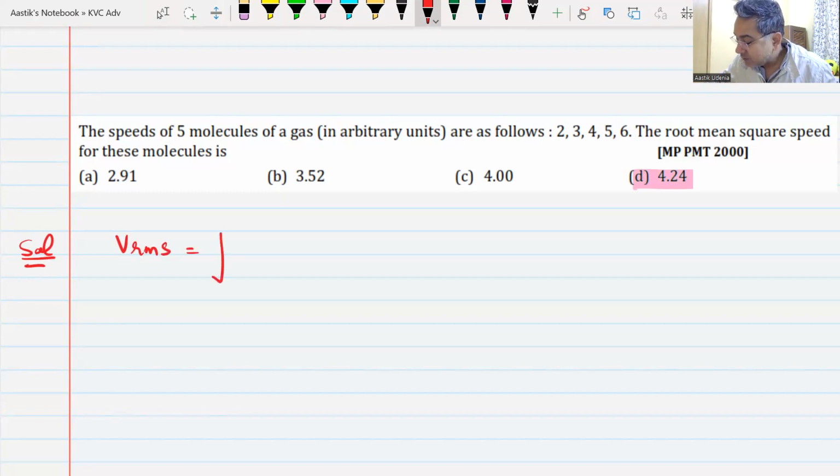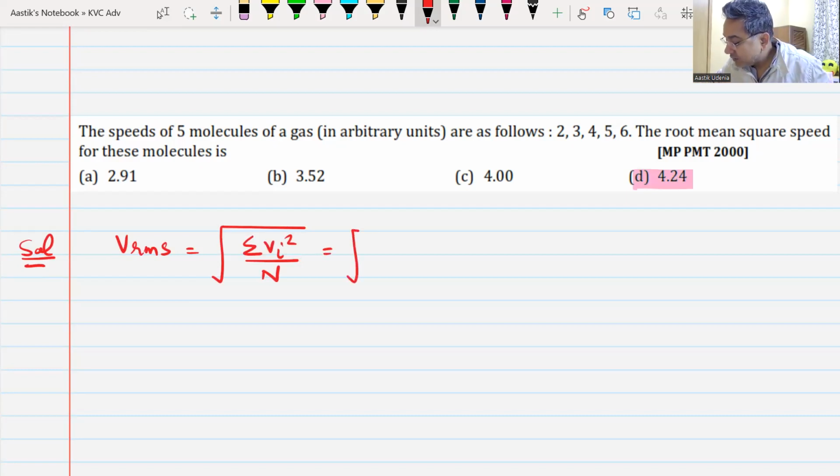RMS speed will be nothing but square root of summation of vi square divided by the number of molecules n. Do we understand this? Yes, sir. We can just now put the formula: 2 square plus 3 square plus 4 square plus 5 square plus 6 square.